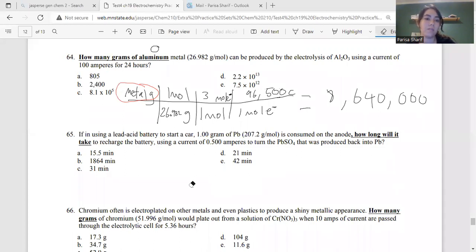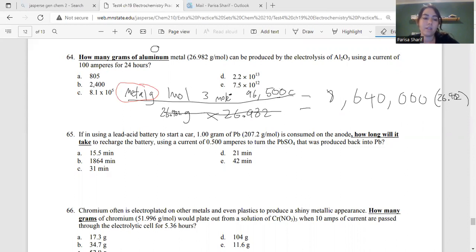So I'm going to first multiply this. Since these are ones, I'm just going to ignore them because they're not really going to cause anything different on the bottom. So we're just going to multiply by 26.982 to get rid of this on the bottom and carry it over to the other side. Okay, cool. And then let's do this again, multiply.